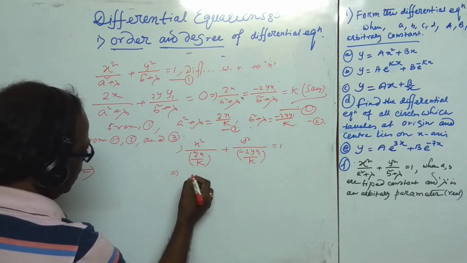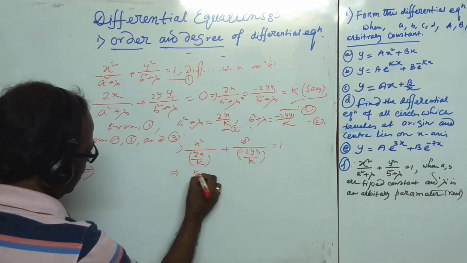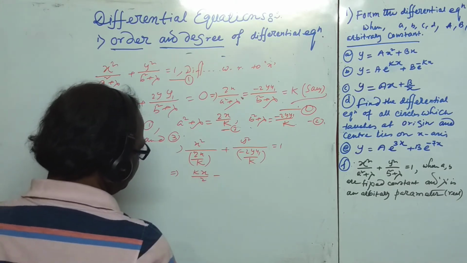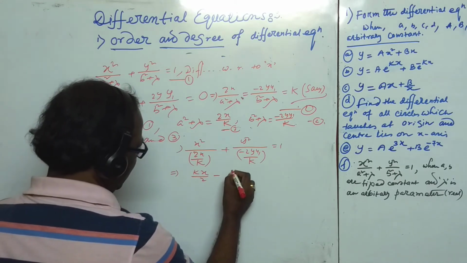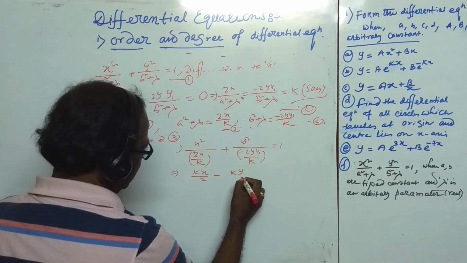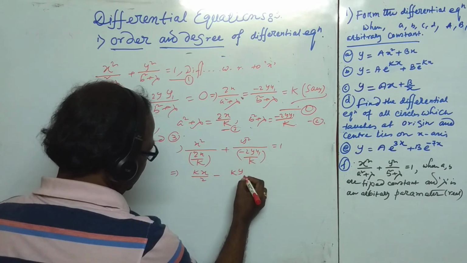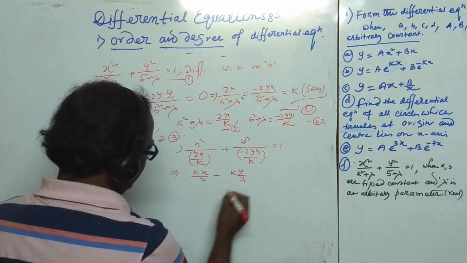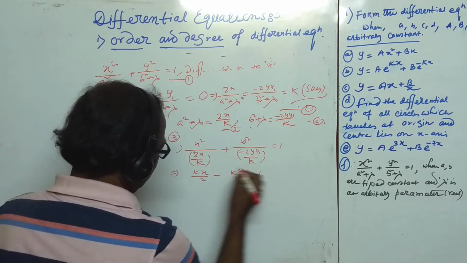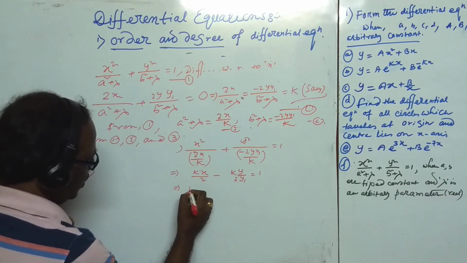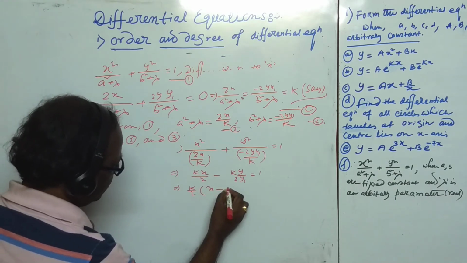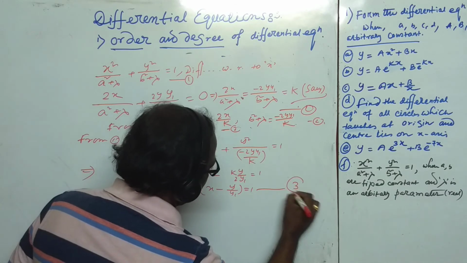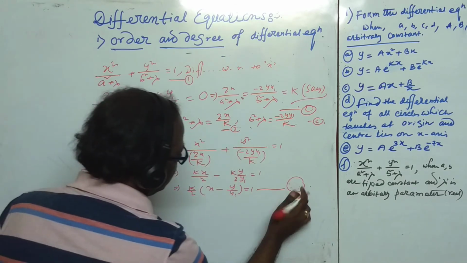That is kx by 2, plus ky by y1 by 2, is equal to 1. Taken common k by 2, that is x minus y by y1 equal to 1. This is question number 3 or 3 there. So this is 4.